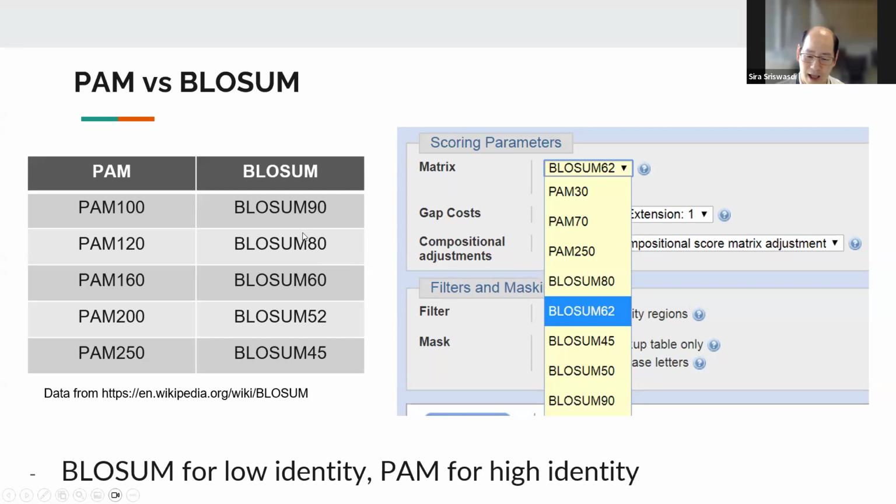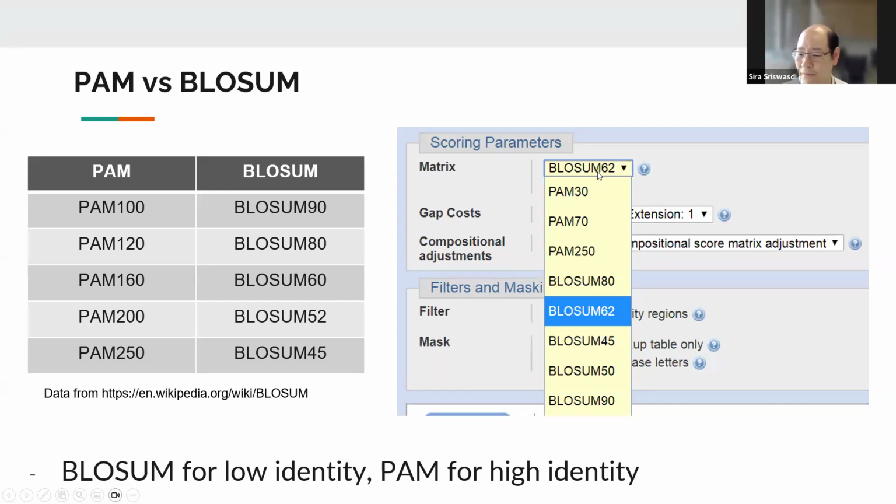But if you expect your sequence to be very different from the database, like you don't expect your species to be there, then you can use BLOSUM, because BLOSUM allows you to search for similarity that are 60% conserved, 50% conserved, 45% conserved.